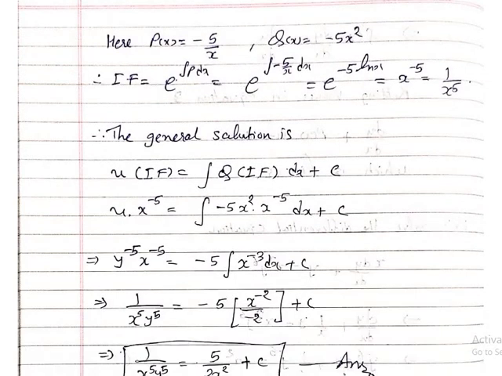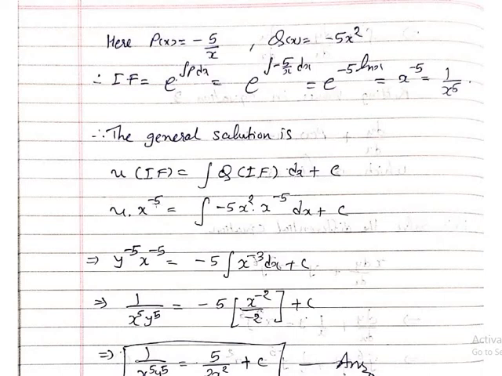So IF will be e raised to integration p dx, that is e raised to integration minus 5 upon x dx, that is e raised to minus 5 log x, and that will be x raised to minus 5 or 1 upon x raised to 5. And the general solution is u into IF, because see, now your variables are u and x. So u into IF is equal to integration q into IF dx plus c.